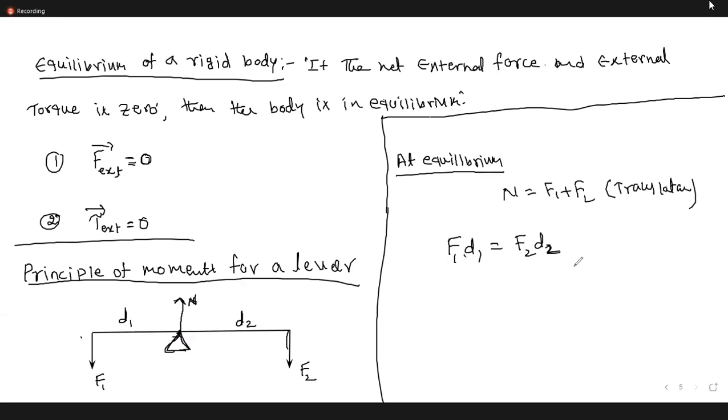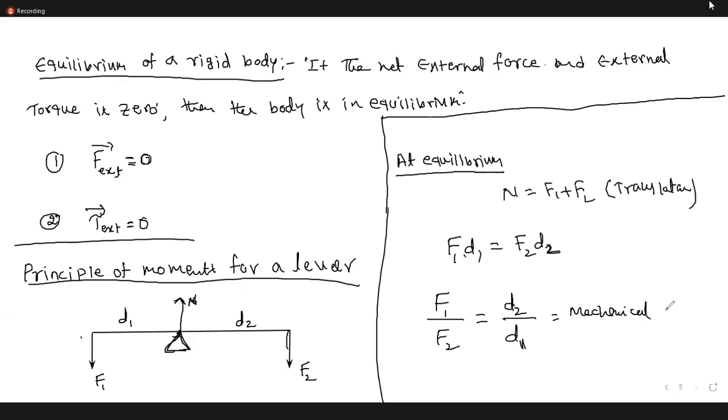This is rotational equilibrium. From this, F1 by F2 equals D2 by D1. This is called mechanical advantage.